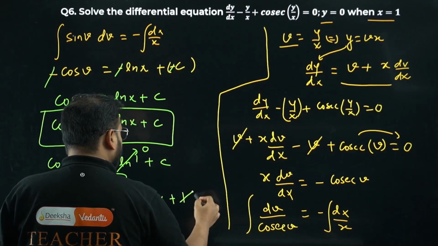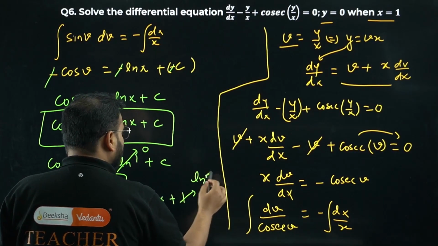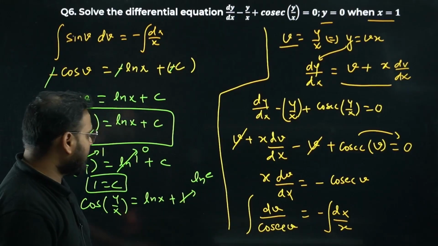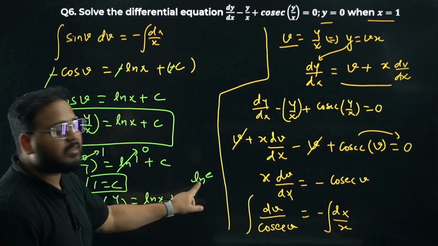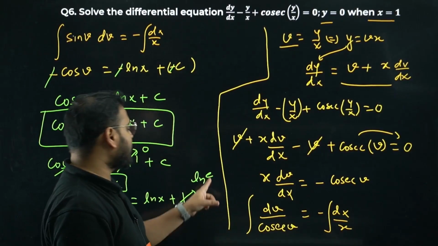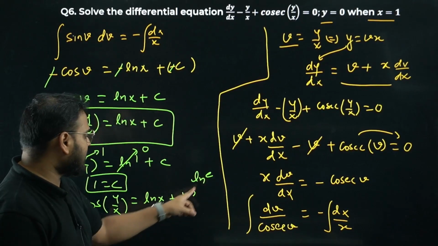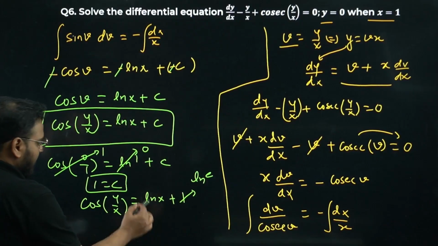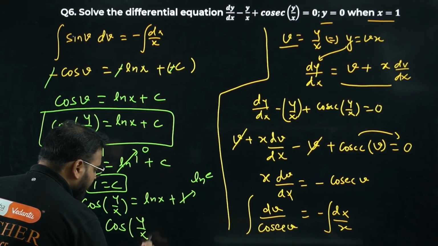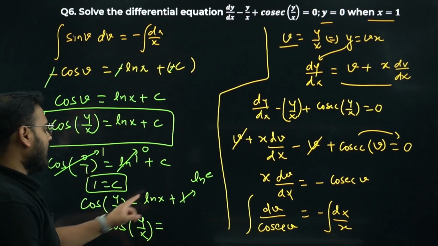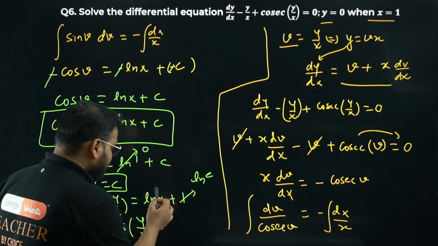Can I not write 1 as ln of the value e only? Basically, log with the base e is called ln, right? And we have ln e, which means it will become 1 only. So ln e will be 1. So I'm going to write this as cos of y by x equals ln x plus ln e.